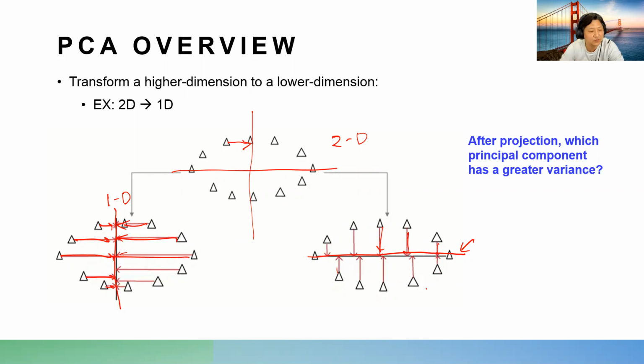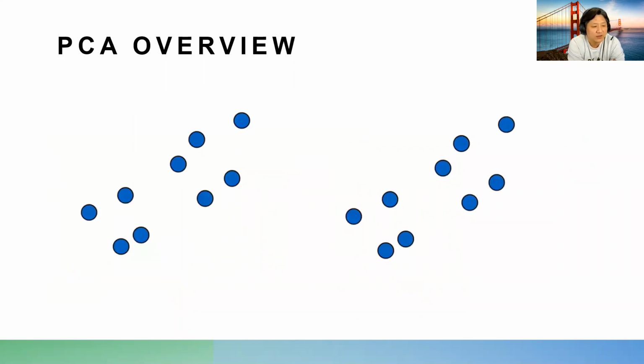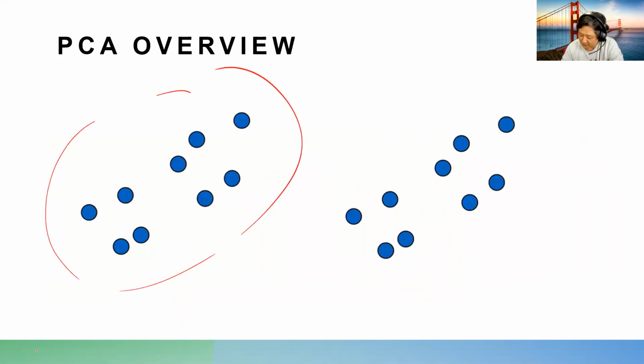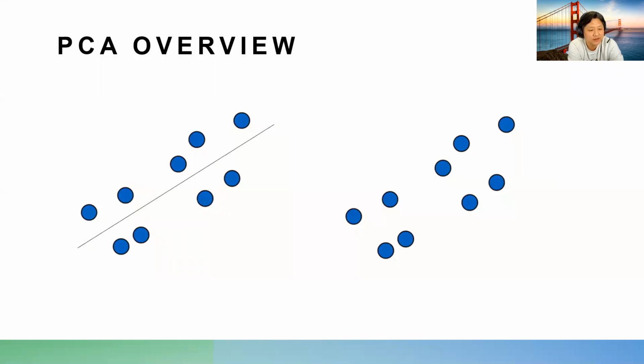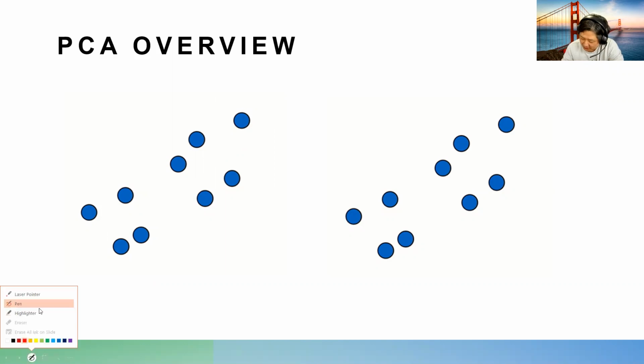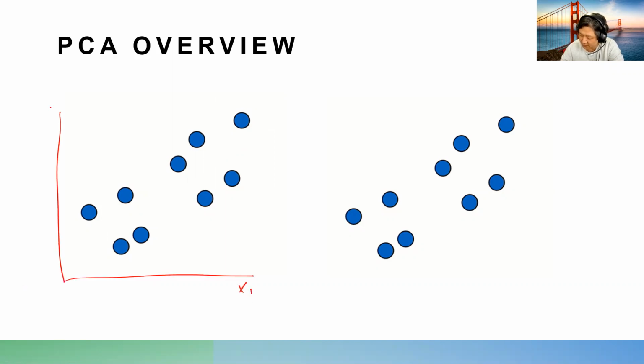So another example, more example here. We have this data. And then I find the axis to explain this data to reduce the dimension. Oh, I'm sorry. This is two-dimension data, x1 and x2.